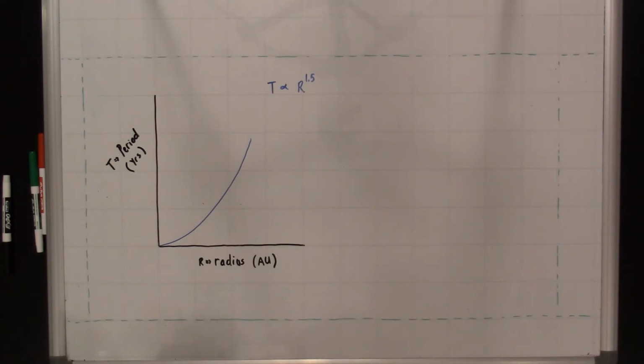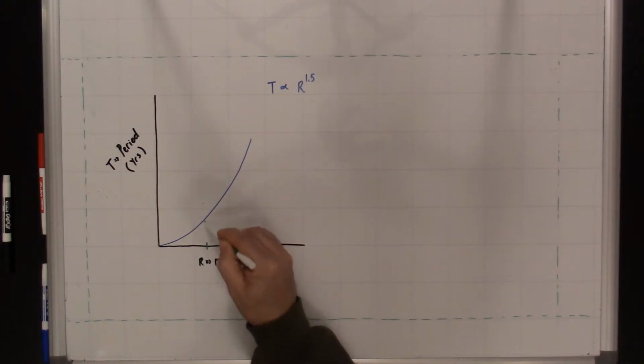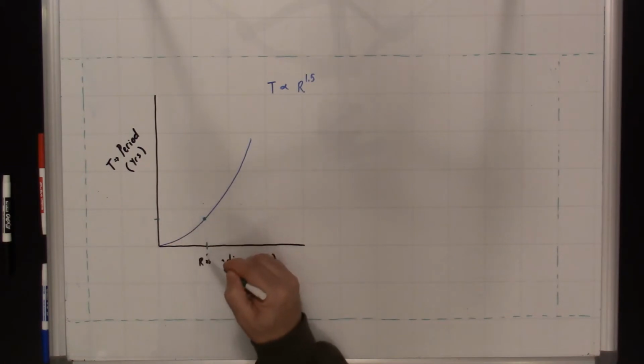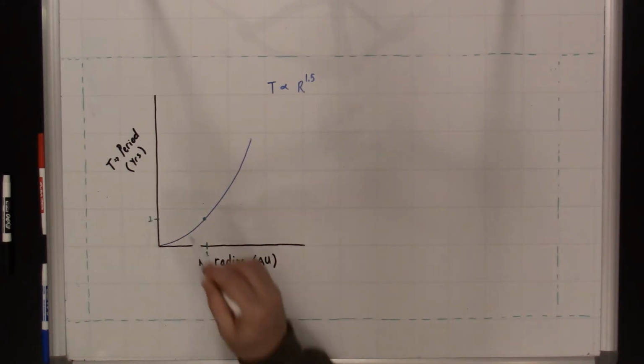Now, when we look at where all the planets are on here, let's say the Earth is here. So the distance of the Earth is 1 AU, and it takes 1 year to go around. That's the Earth.